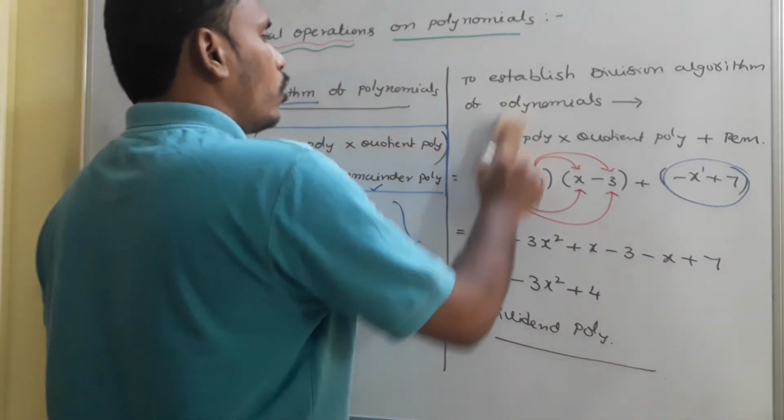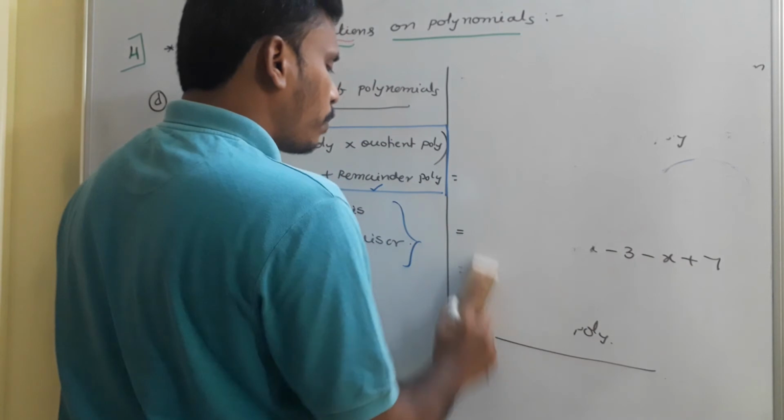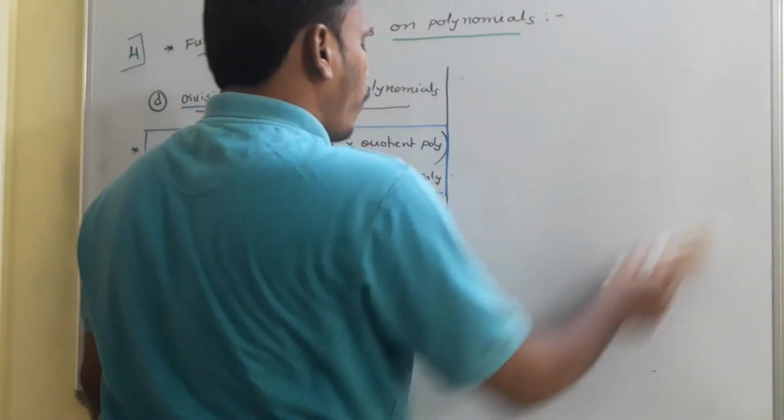Right. So suppose you treat the polynomials as f of x and g of x.